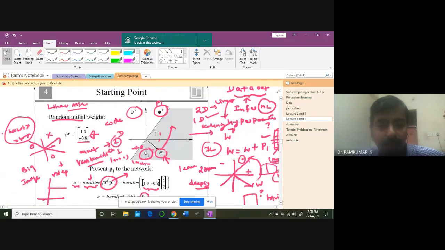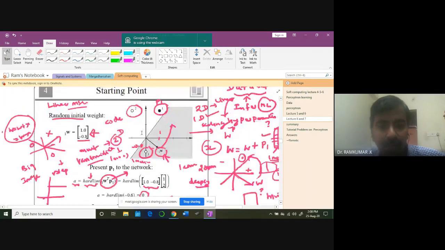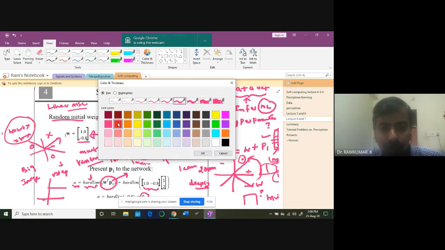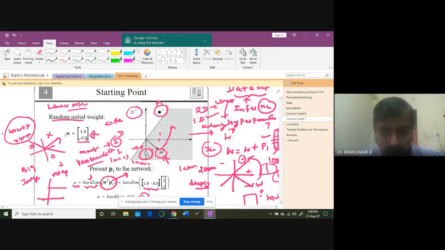So we applied it and checked it. For this particular initial weight, where did we land? The weight vector is projected like this, and this is the positive side, primarily because any vector lying in this direction gives an angle less than 90 degrees.